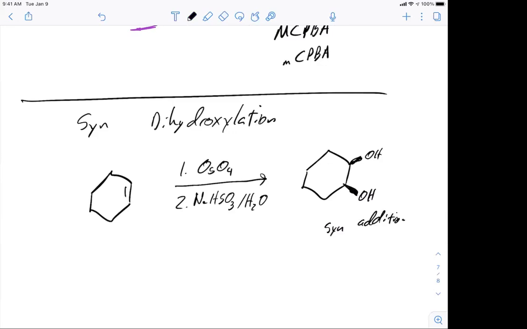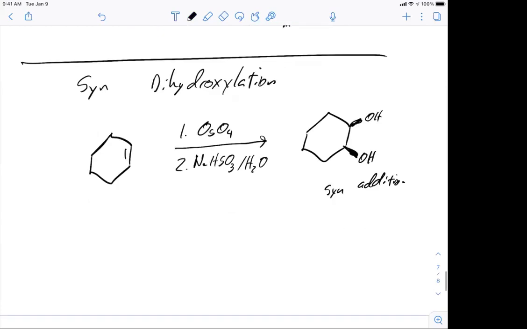Okay. So in this one, we're going to see several sets of reagents. The common part is the 4 oxygens they have. Osmium tetroxide is one. The other one will be potassium permanganate.